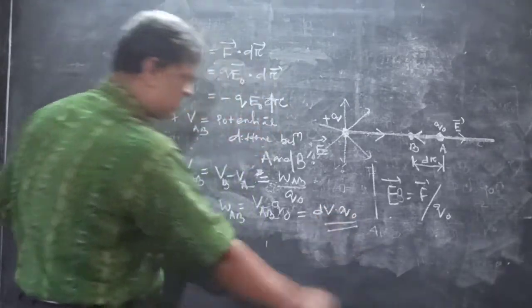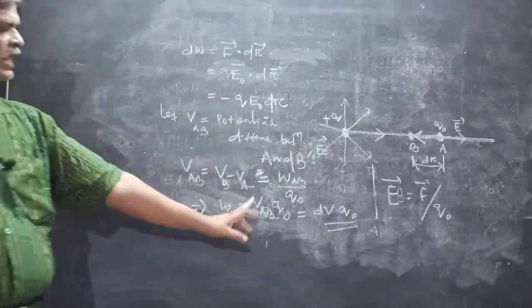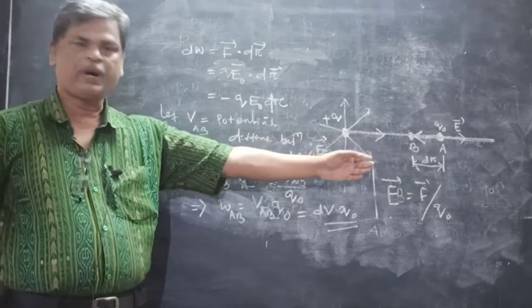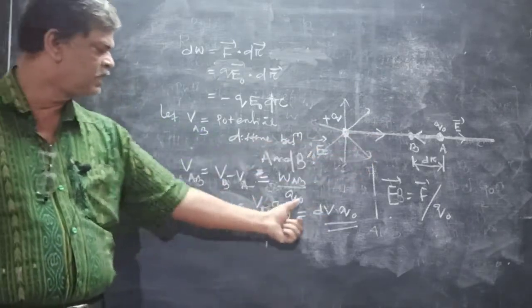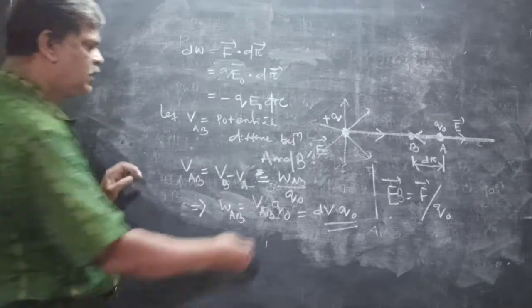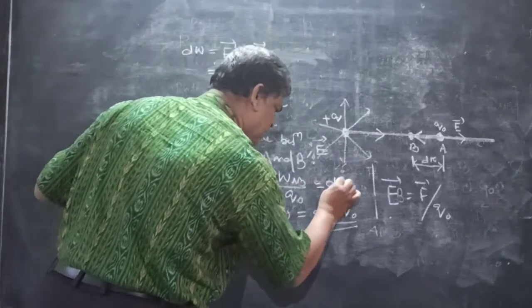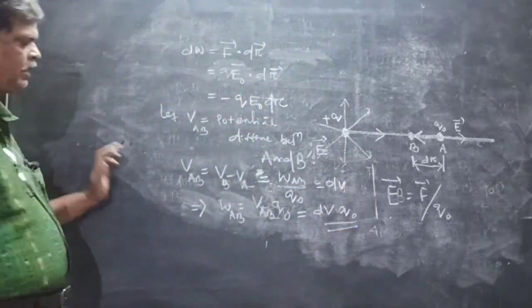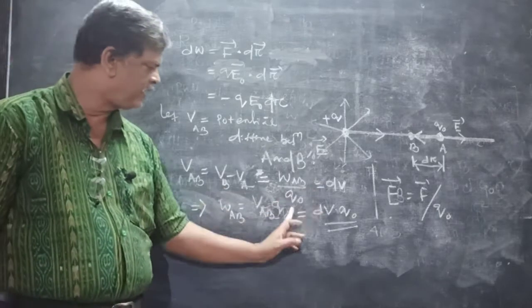Since the points A and B are very close, this potential difference is dV, so it becomes dV into Q naught.